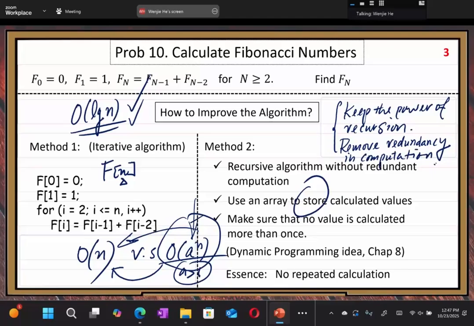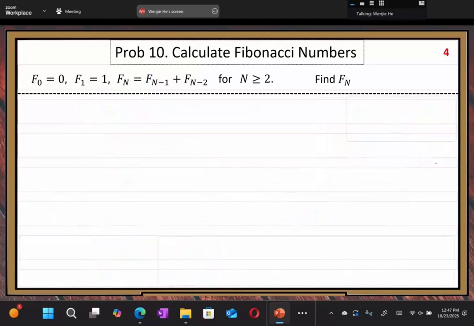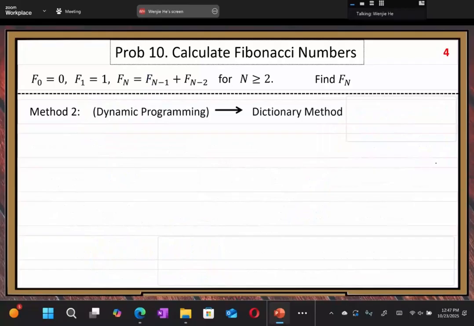Next, let me explain. The idea is so simple. Method 2, dynamic programming. Another name for it: some researchers also called it the dictionary method. Different groups of people, especially at the beginning, called this method differently.